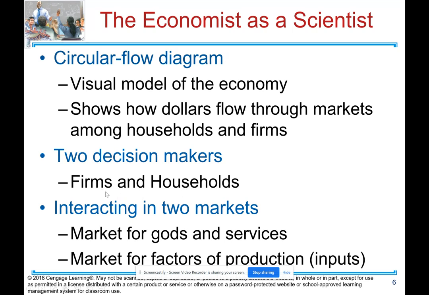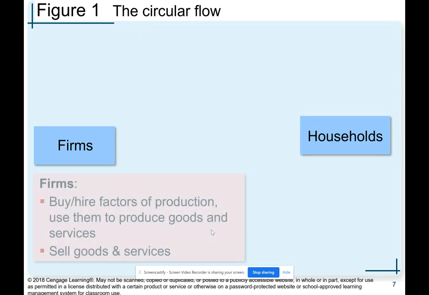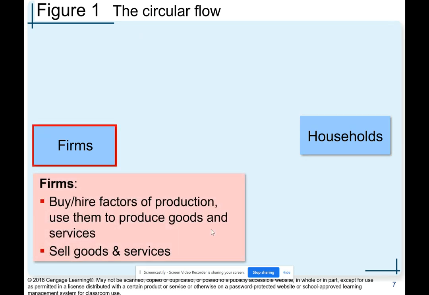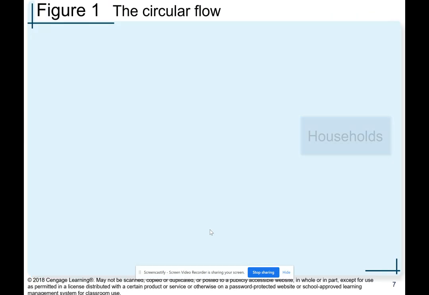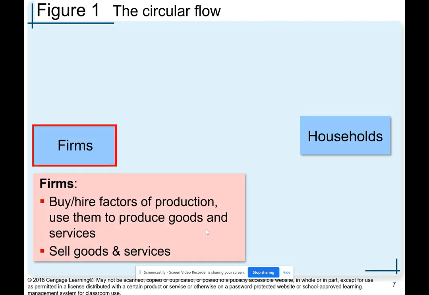These two institutions interact in two different kinds of markets. There is a market for goods and services, and there's a market for factors of production, or we call them inputs. Households own factors of production and businesses hire factors of production.